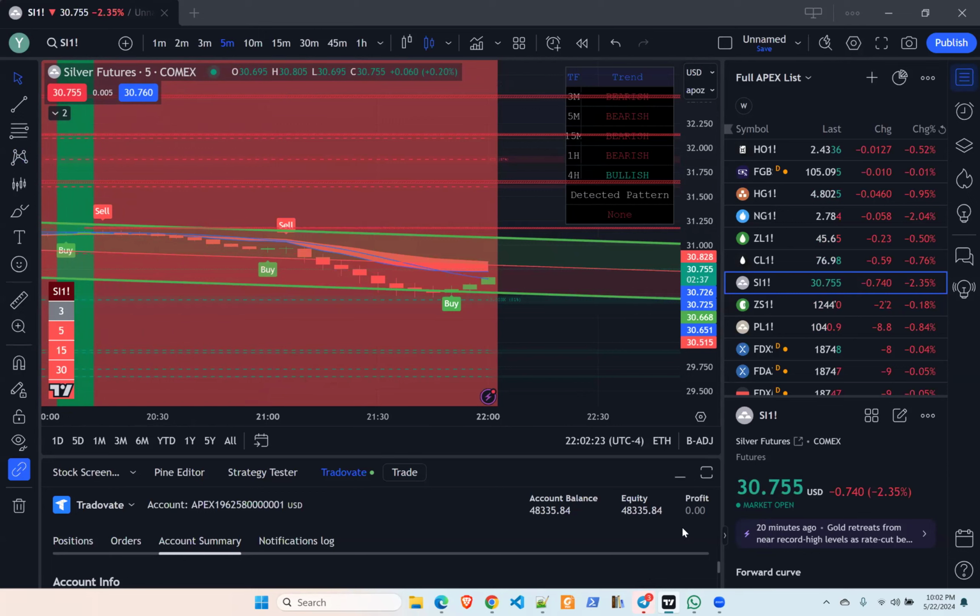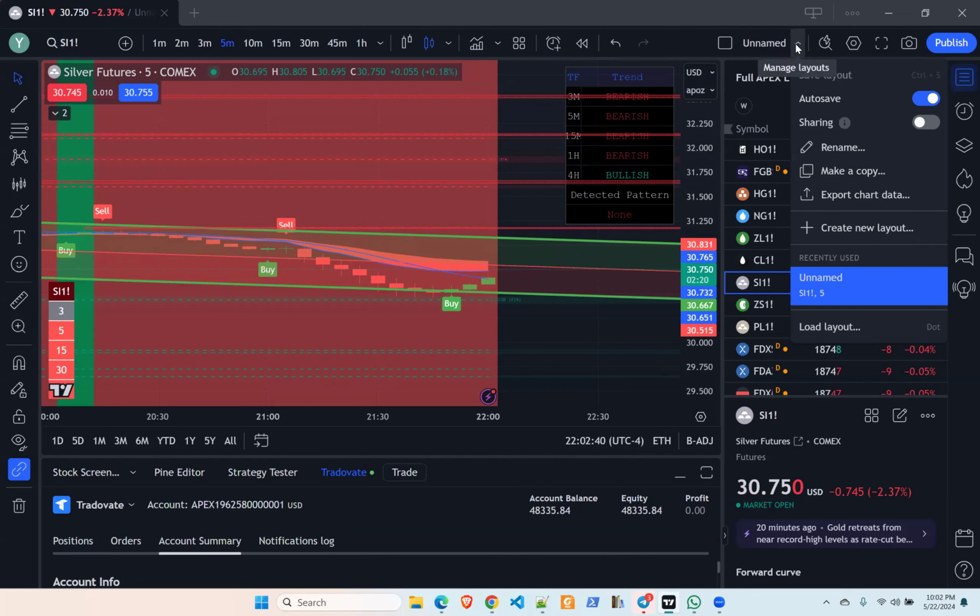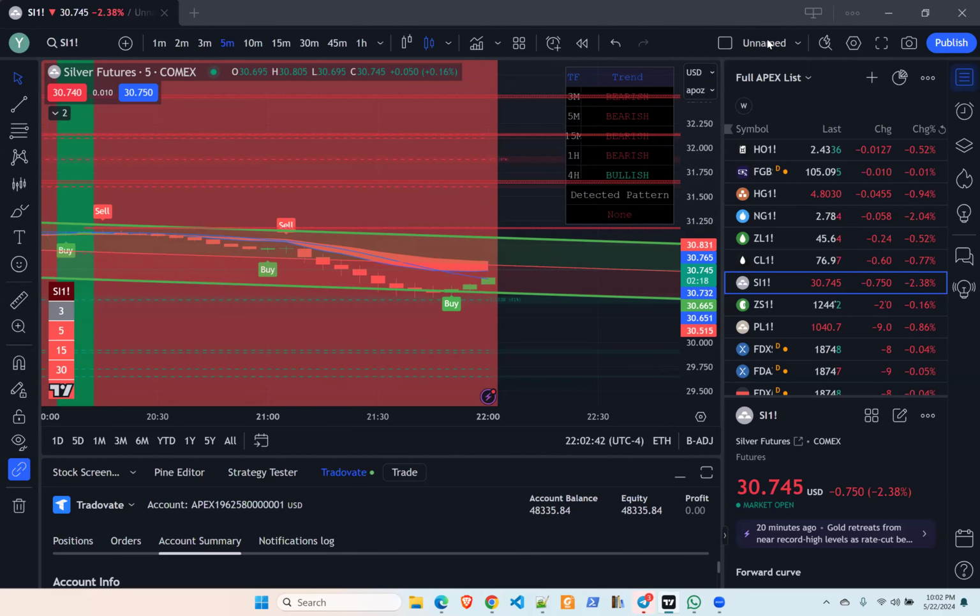You have a layout, right? You can click on save there. At the top you have the save button. You give some name so that this setting will always be saved. You can do a rename or something.